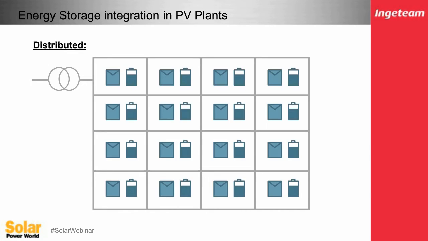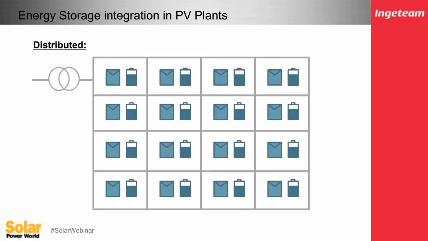Now, also taking into account the best design of a plant: in a distributed system, you consider each individual 1 or 2 megawatt block of PV as a PV plus storage system. Later I'll show you pictures of a centralized philosophy of a PV plus storage system.